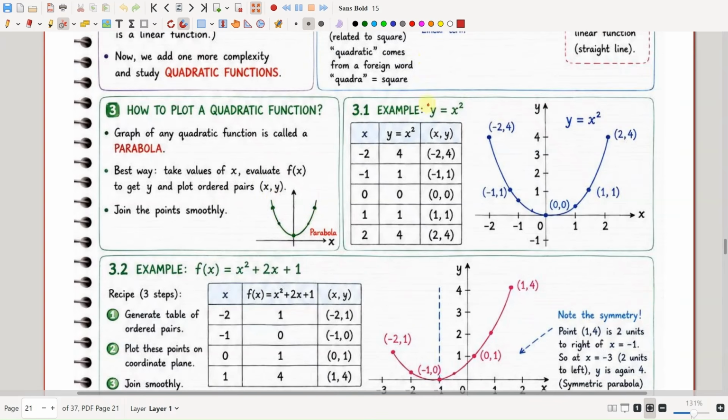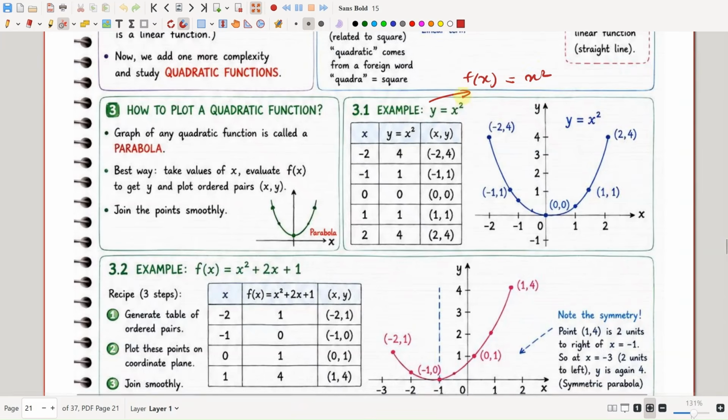So for example, y is equal to x square is a quadratic function because the highest degree is 2. So I am taking my x as -2, -1, 0, 1, 2. Then f of x is equal to x square.